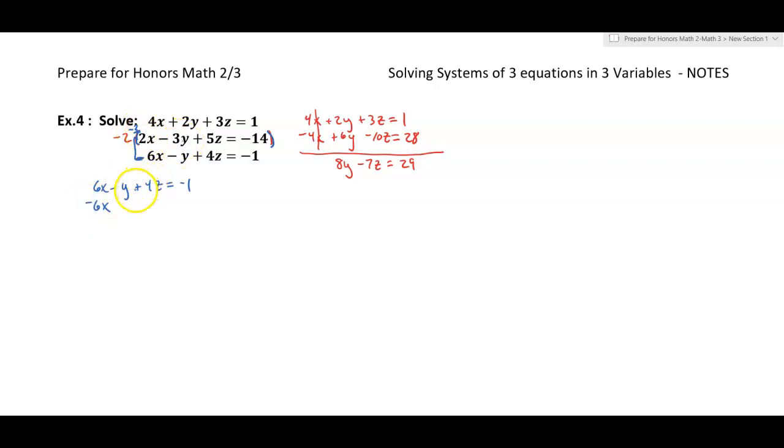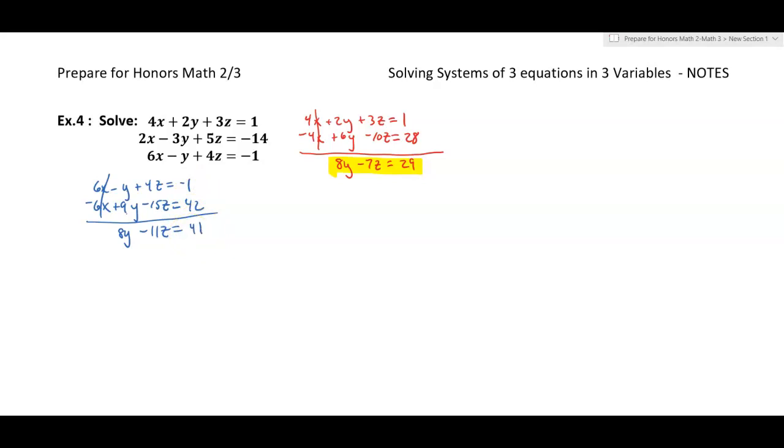Negative 3 times negative 3y is plus 9y. Negative 3 times 5 is minus 15z equals negative 3 times negative 14, which will give you 42. So now, if you notice, the x terms eliminate here, and negative 1y plus 9y is 8y. It's going to give you minus 11z equals 41.